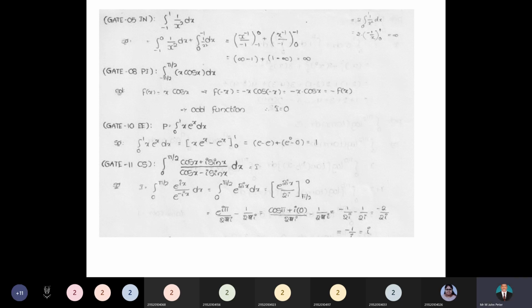So f of x equal to x cos x, the given function, is an odd function. We have to know the odd function, even function concept. Given a function f of x, replace x by minus x. If after replacing x by minus x you get the same function, we call it an even function.